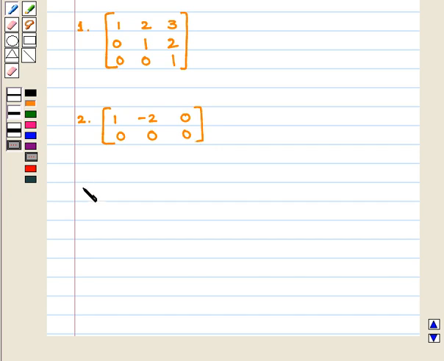And the third matrix is 1, 0, 2, 0 in the first row, 0, 0, 1, 4 in the second row, 0, 0, 1, 0 in the third row.